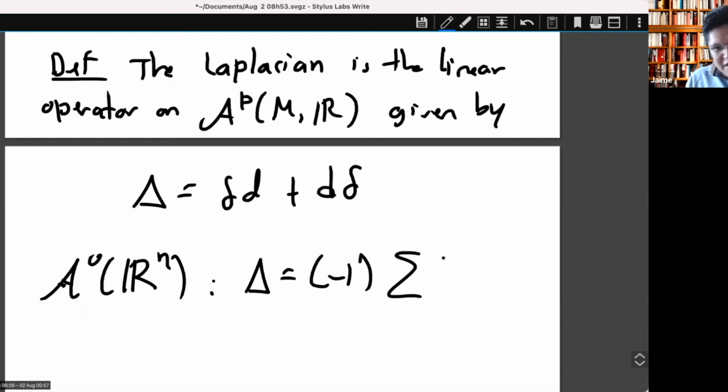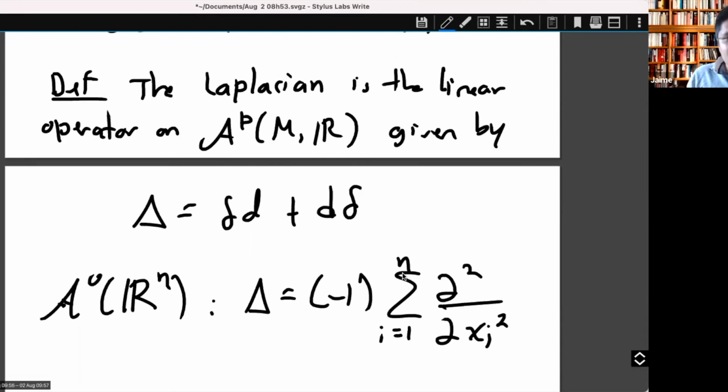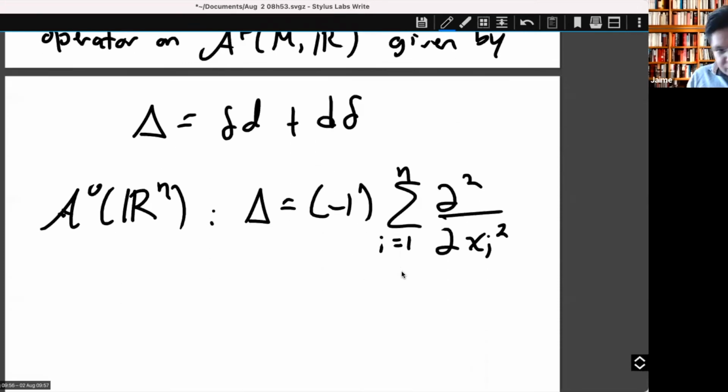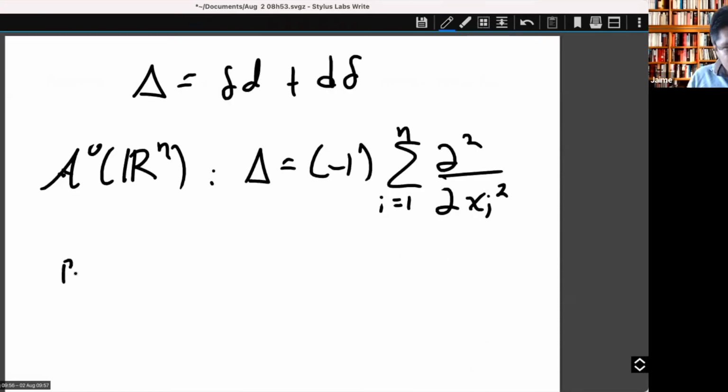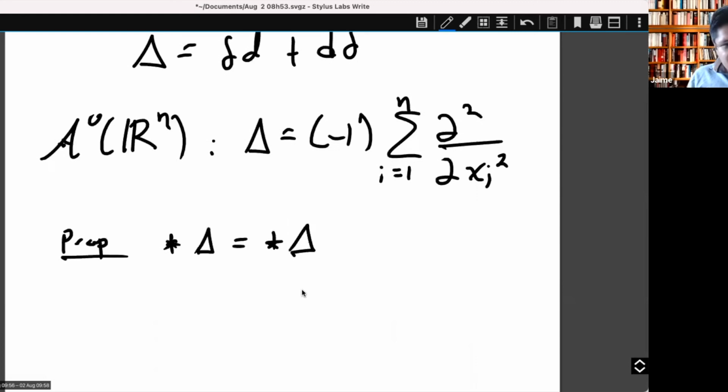That should be, I need a minus one here, I think. With my definition, yes. So we recover the Laplacian. Of course, this definition is more general, it is for any compact oriented Riemannian manifold, and that's the important thing. So, for instance, the Laplacian commutes with the star operator by definition.